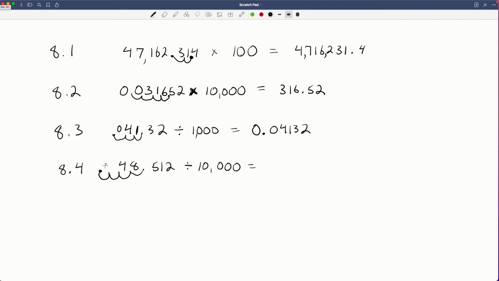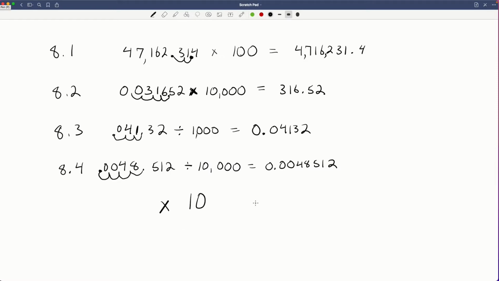That's where the decimal goes. We have to put a 0 here and a 0 here. So our answer is going to be 0.004851 because we divided.